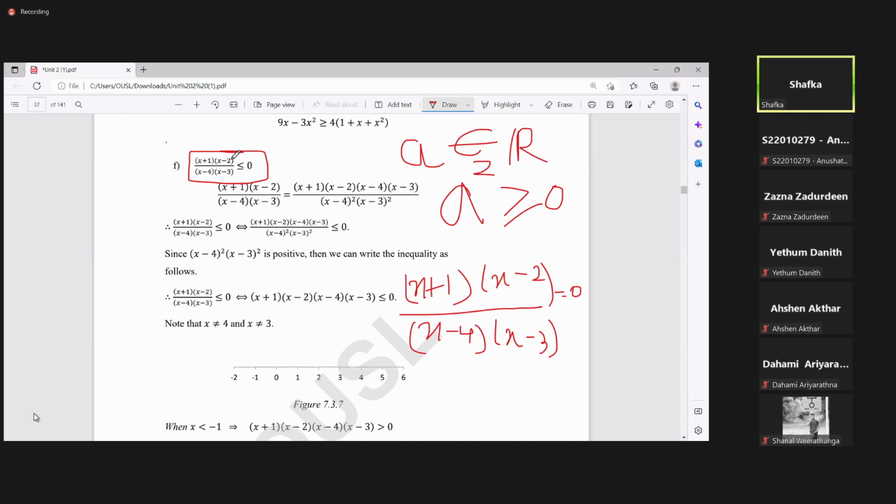Can we decide about this inequality sign? No. We can't say anything about that. Why is that? We don't know whether x minus 4 is a negative factor or positive factor. If it's a positive factor, it doesn't change the sign. But if it's a negative factor, it changes the sign. So we can't multiply or divide if we don't know the sign.